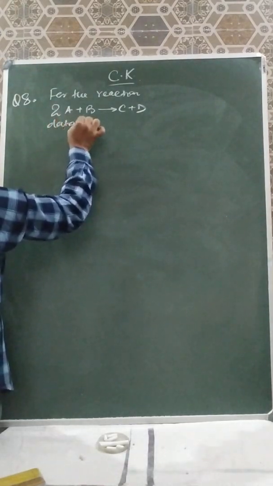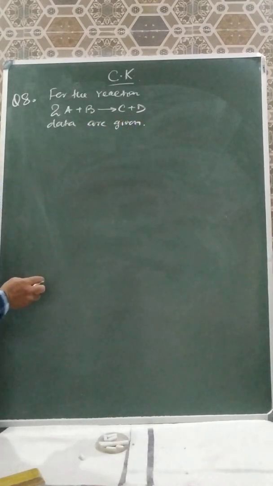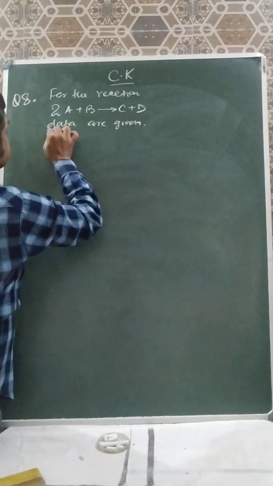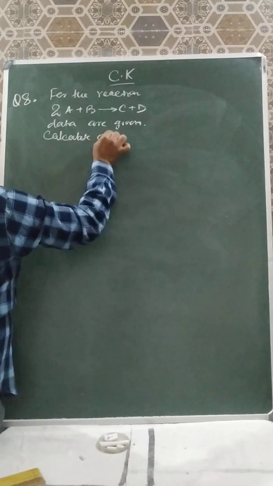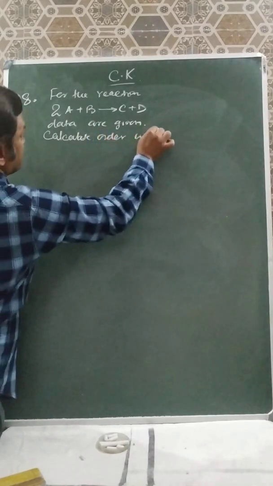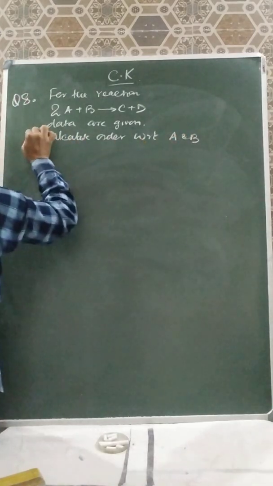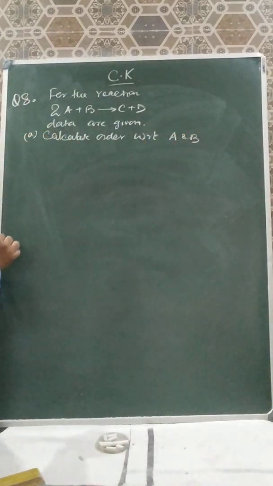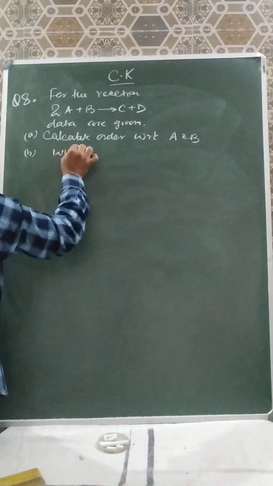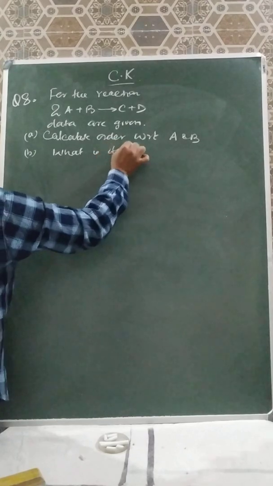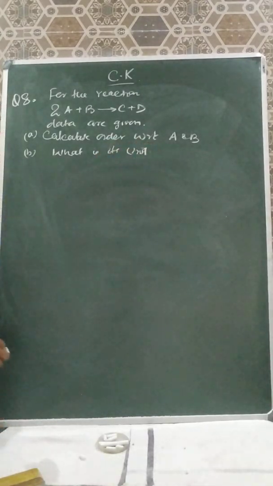Calculate the order with respect to A and B. That is the first question. Second, what is its unit? This type of question is generally asked as a 2 marks question.